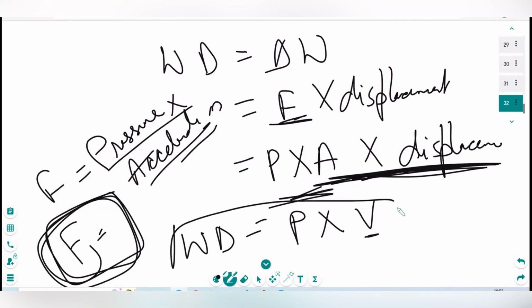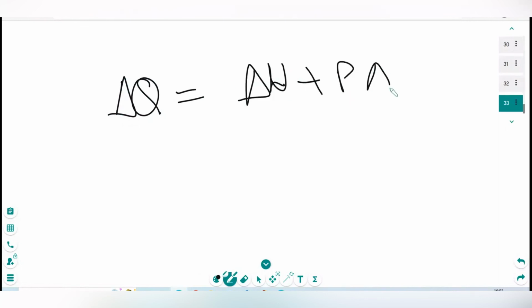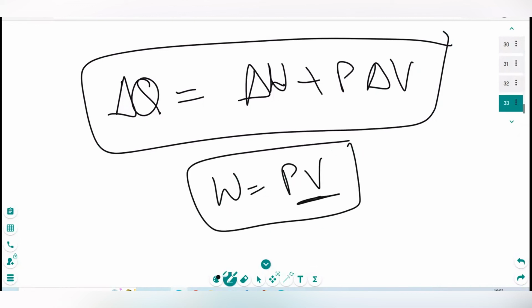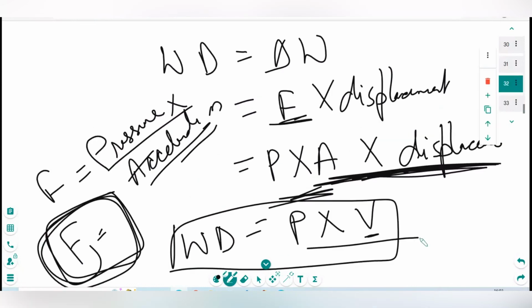So I can write work done like this, and now I can write my equation as del Q equals del U plus P into change in V. I have replaced W with P delta V, and I got this by using equation number 1.